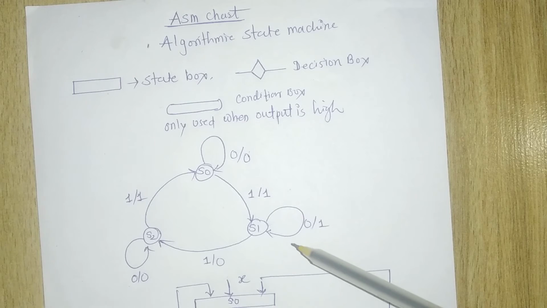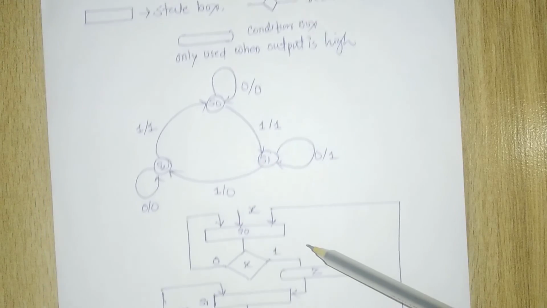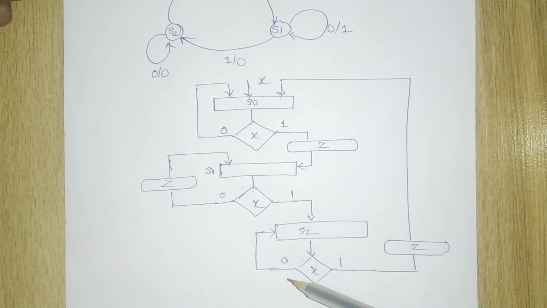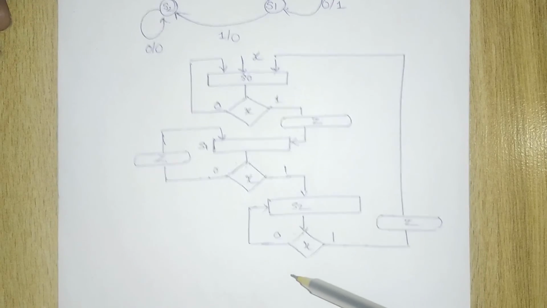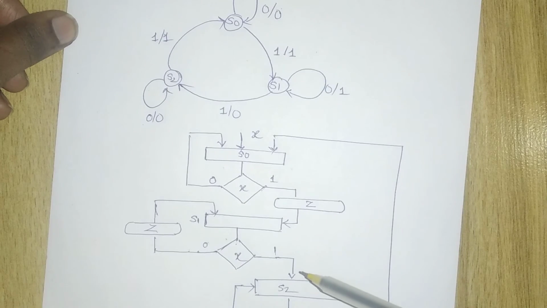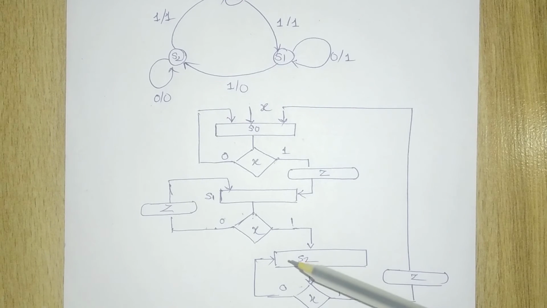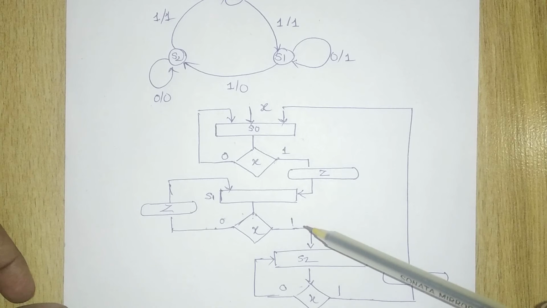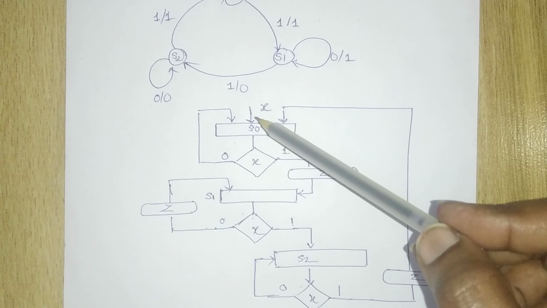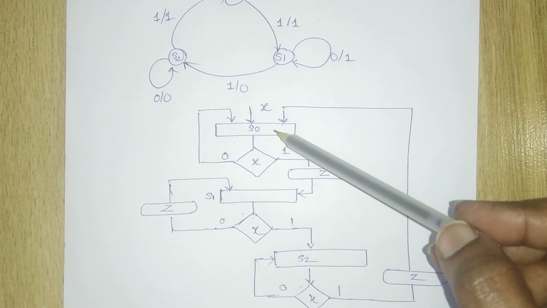Now consider how to construct the ASM chart with the help of components: state box, decision box and condition box. As you know, the state box represents the state of the finite state diagram.